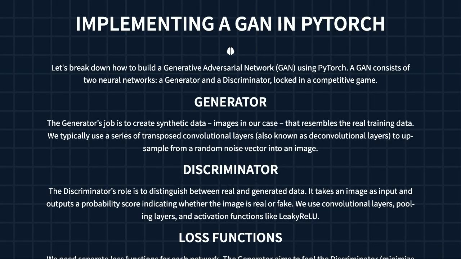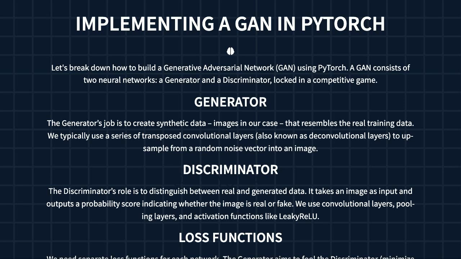Okay, let's talk about building a GAN in PyTorch. A generative adversarial network is all about competition between two neural networks, the generator and the discriminator. The generator's purpose is to create new data that looks like the real thing, usually images, starting from random noise. Think of it as an artist trying to mimic a master painter. Then we have the discriminator, which acts like an art critic.